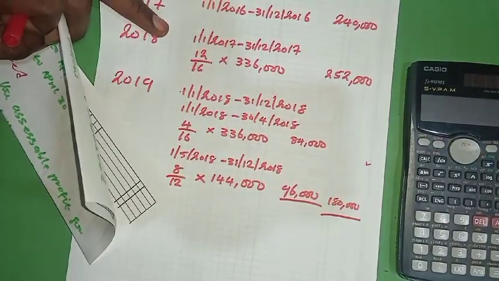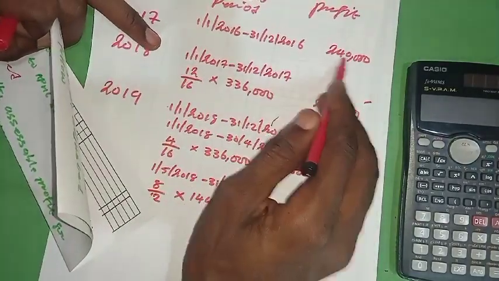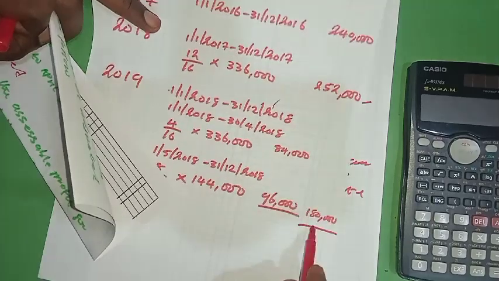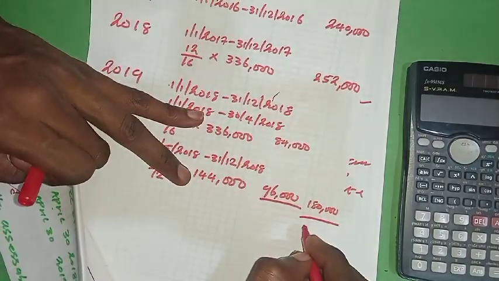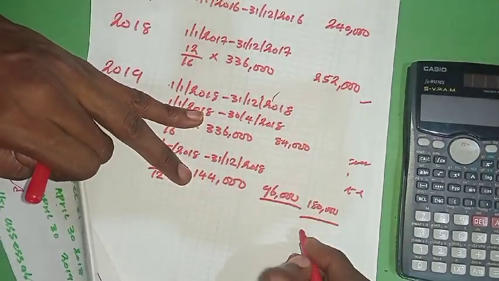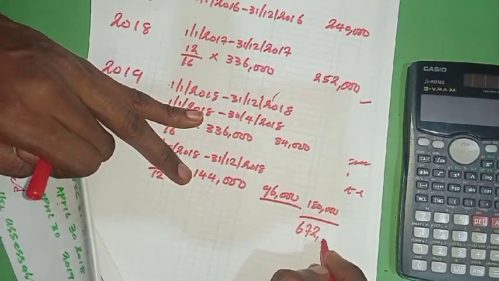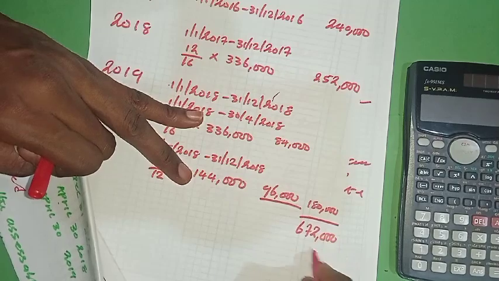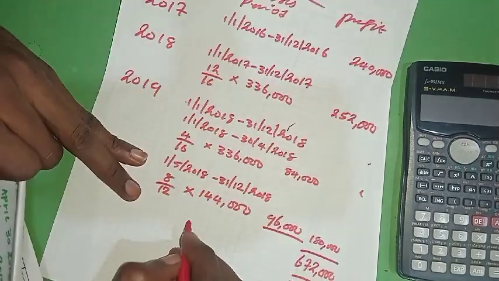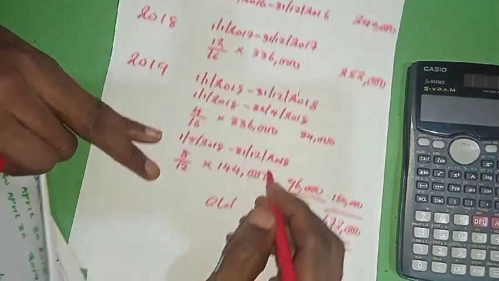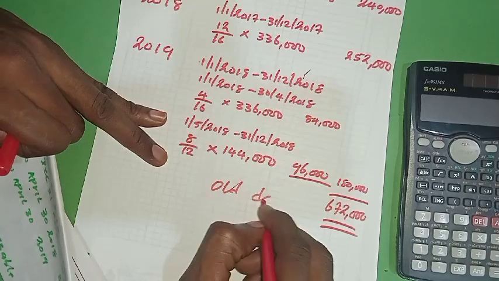So let's sum up. 240, 252,000, 180 will give you this is 672,000. Old dates.